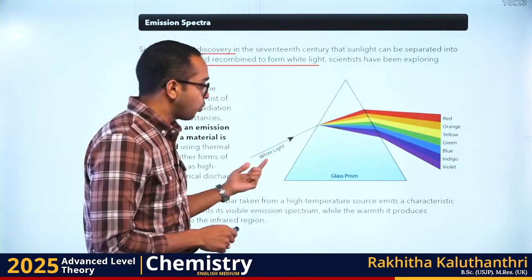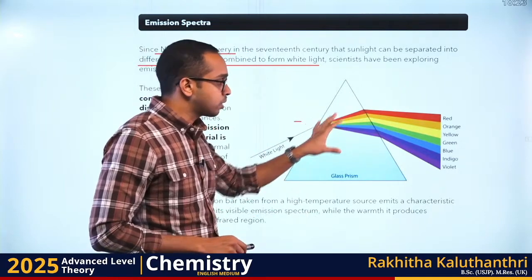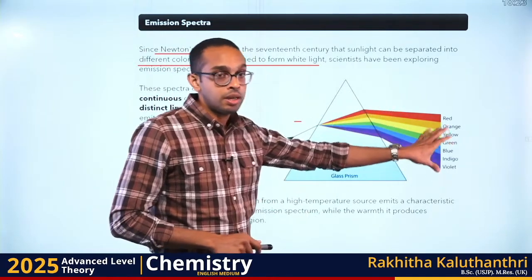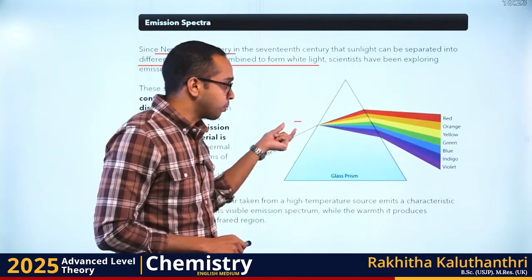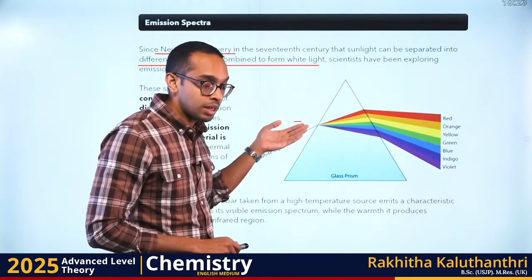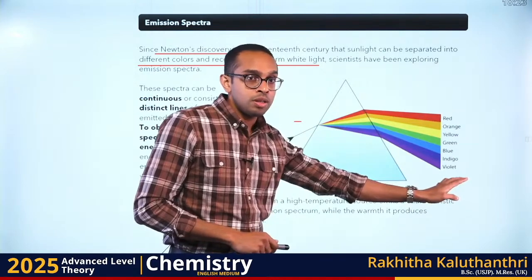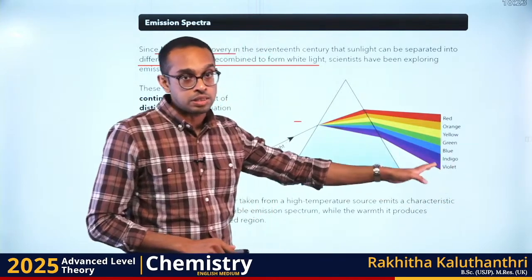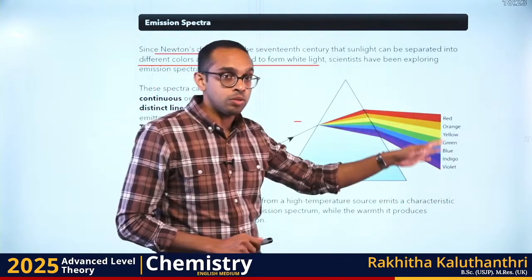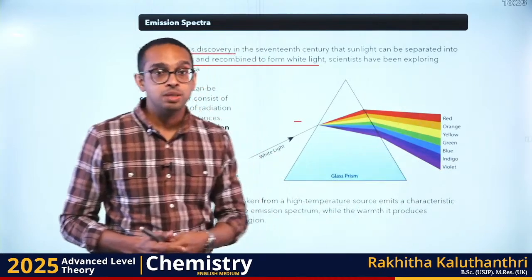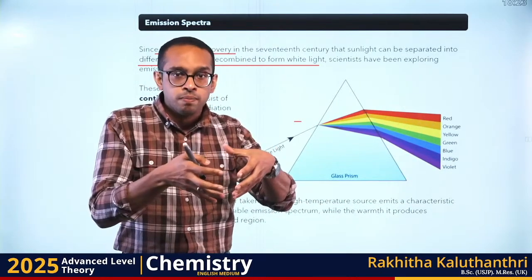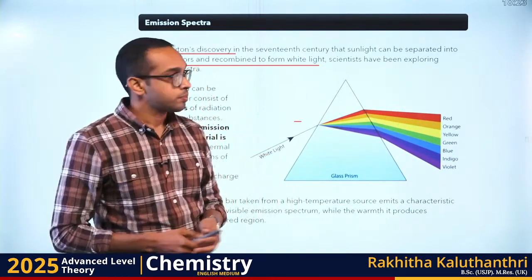A prism is capable of expanding the bundle of radiation present in white light and giving us a very clear idea about the constituent wavelengths found within white light. White light is basically a collection of wavelengths.